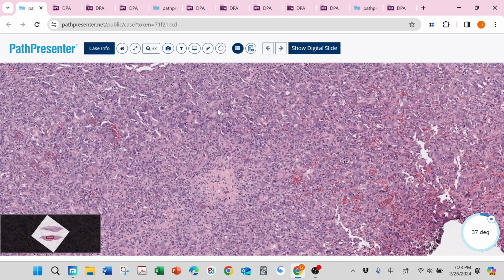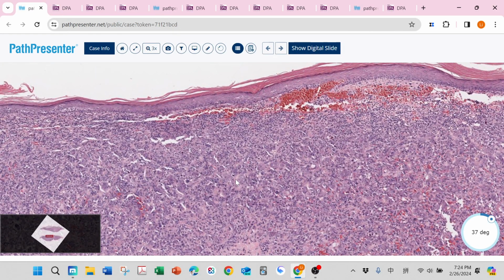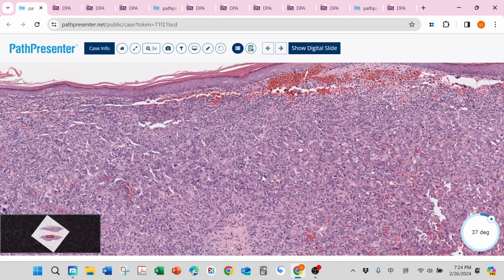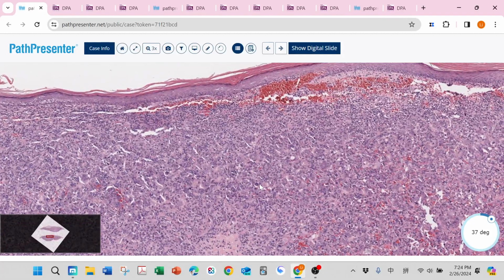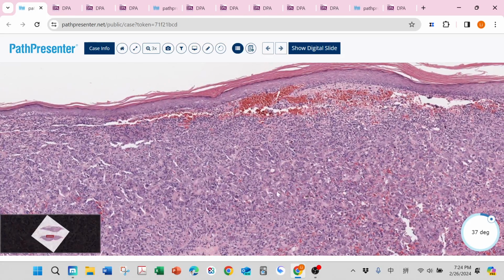And then for melanoma, of course, we all know that we can use S100, SOX10, MART1, MITF to highlight melanoma. But another thing we need to bear in mind is that if it is a poorly differentiated melanoma, all of these usual melanoma markers would be negative.